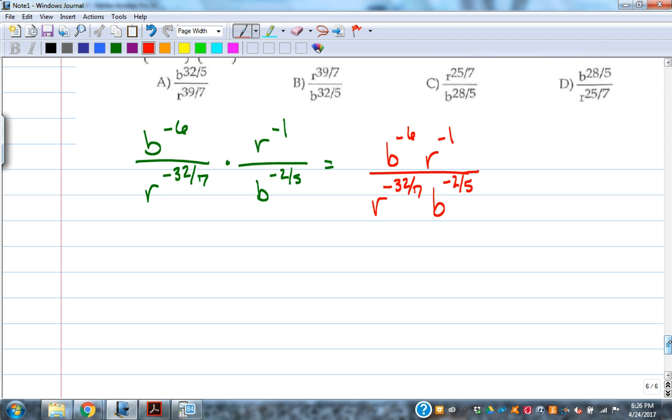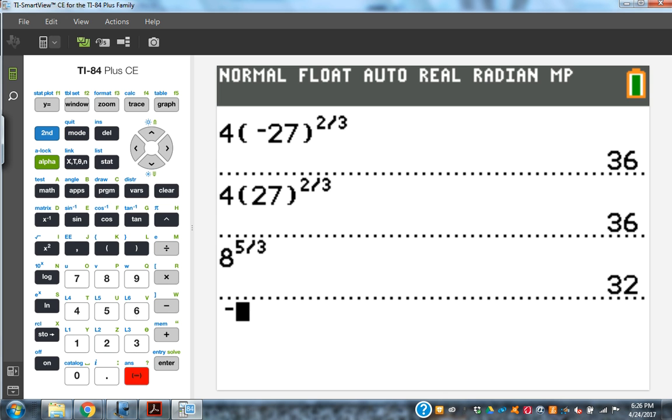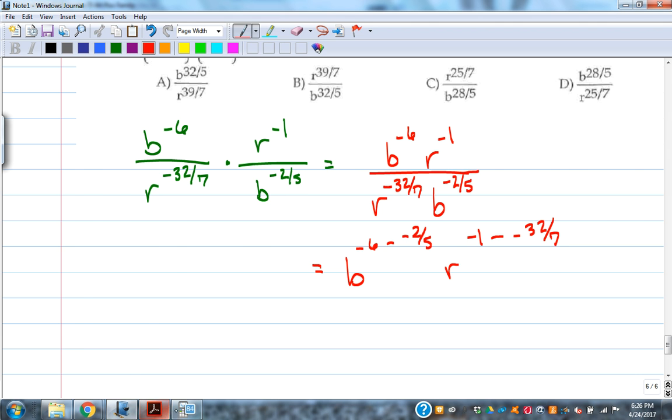Kind of ugly, but it's a problem just like what we just did. You've got to subtract your exponents on the b's, negative 6 minus negative 2/5, and r to the negative 1 minus negative 32 over 7. And I'm not in the mood to do that by hand, so I'm just going to do it with the calculator. Negative 6 minus a negative, how much? 2/5.